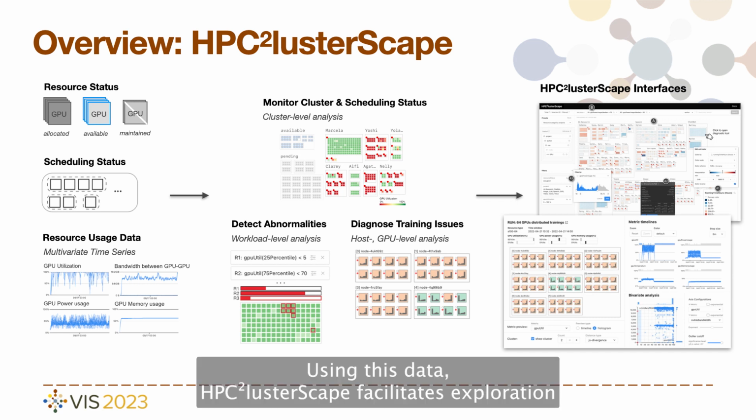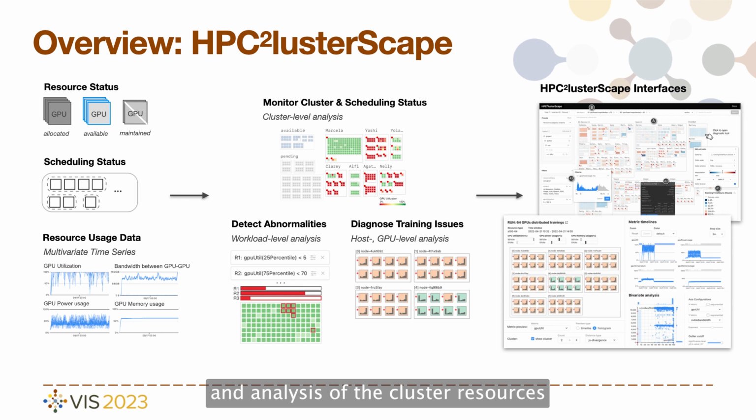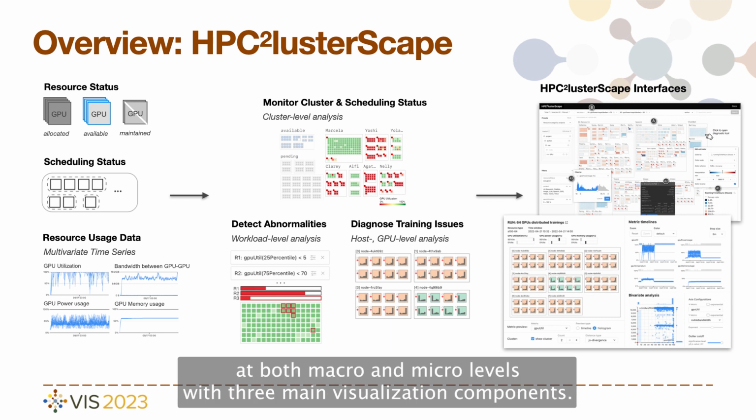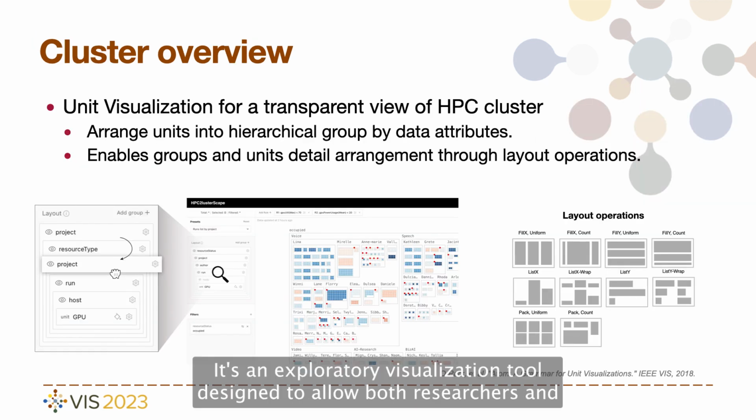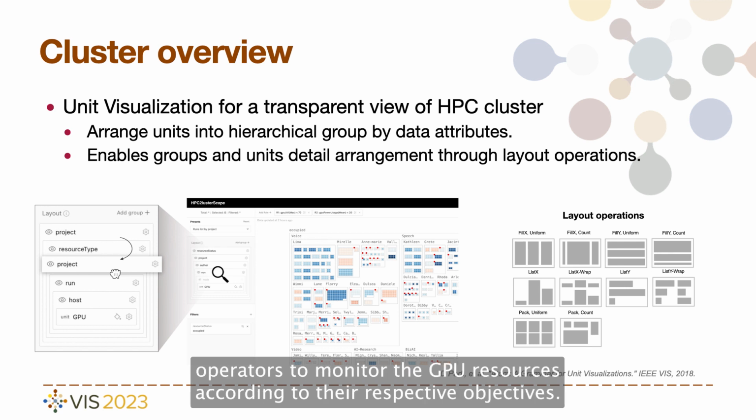Using this data, HPCClusterScape facilitates exploration and analysis of the cluster resources at both macro and micro levels with three main visualization components. First is the cluster overview component. It's an exploratory visualization tool designed to allow both researchers and operators to monitor the GPU resources according to their respective objectives.